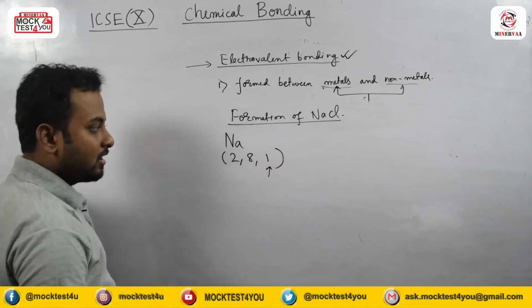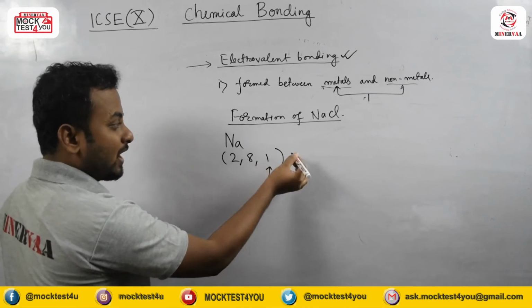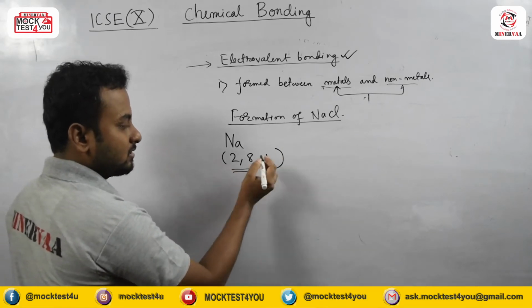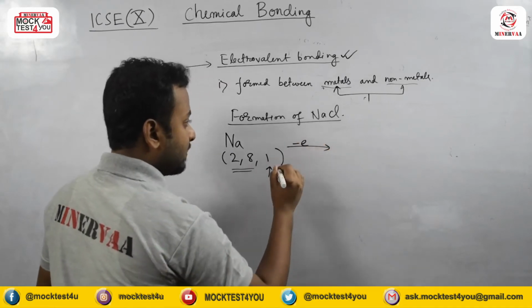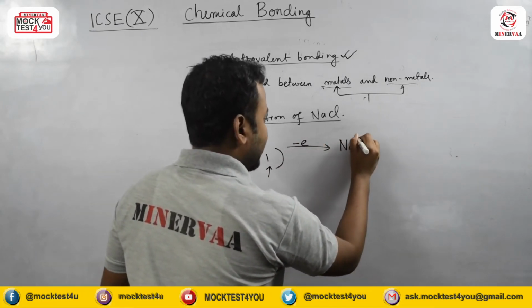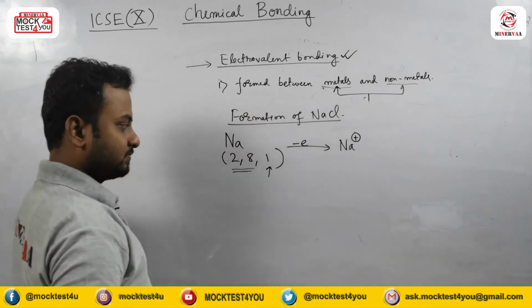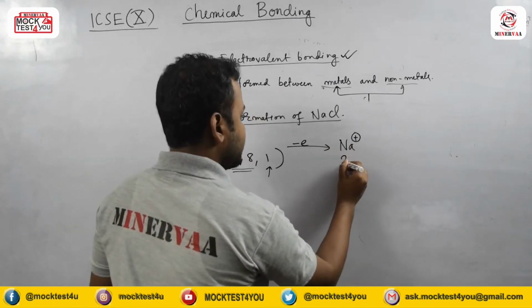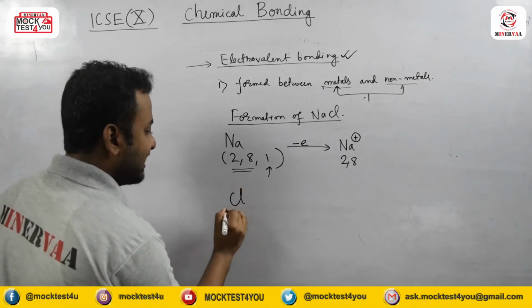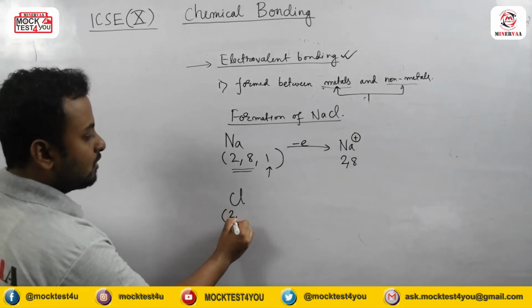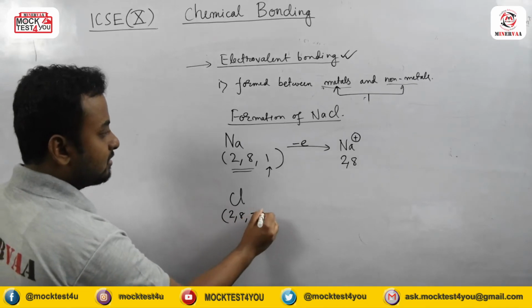If it loses this one electron, it will attain an octet. So it loses its one electron to attain the octet, becoming Na+, which is 2, 8.